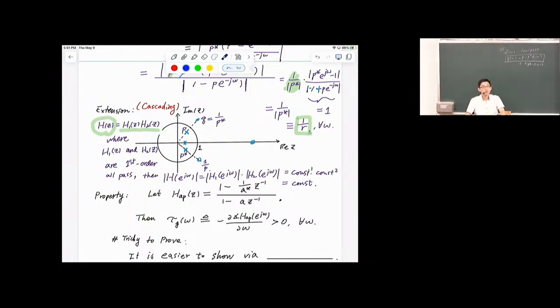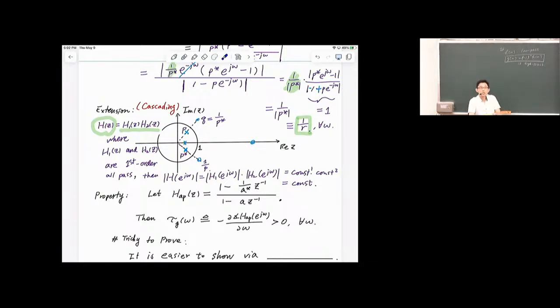Otherwise, you can place as many poles as you want. You can place a pole right here and immediately pair it with a conjugate, and immediately pair it with a zero out there and a zero out there. And we can extend by cascading our system with more reciprocal pairs of poles and zeros. And the response will still be constant magnitude.